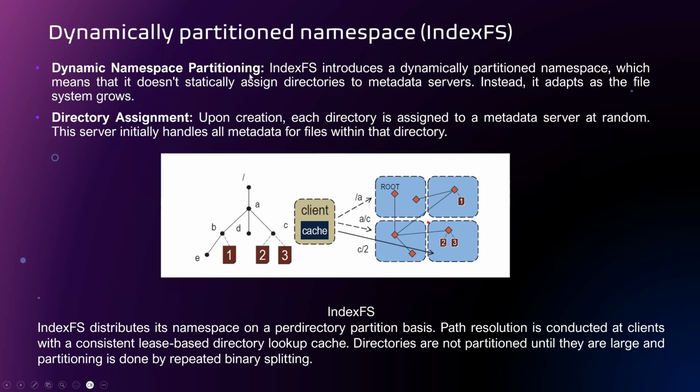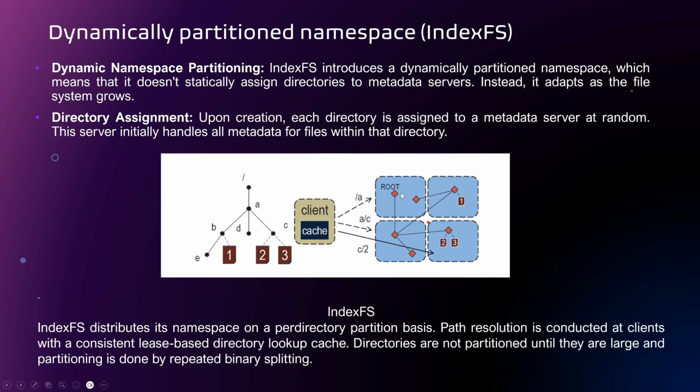So these are dynamically partitioned. Dynamic namespace partitioning in IndexFS introduces a dynamically partitioned namespace, which means that it doesn't statically assign directories to metadata servers. Instead, it adapts as the file system grows. Upon creation, each directory is assigned to a metadata server at random, as I said earlier.